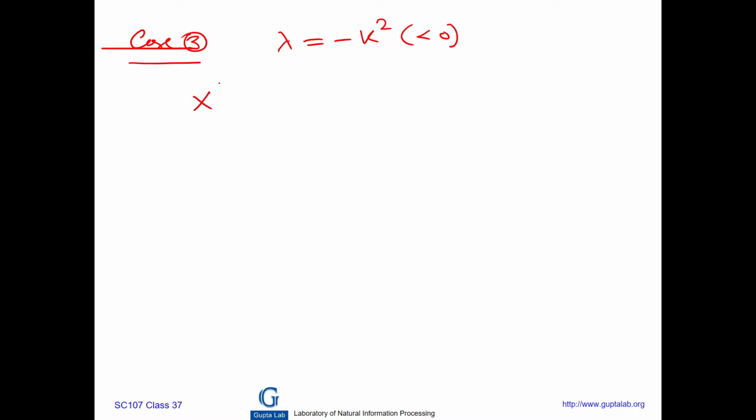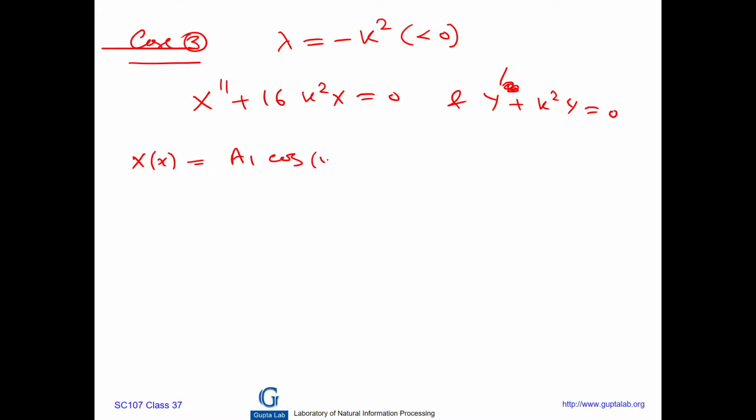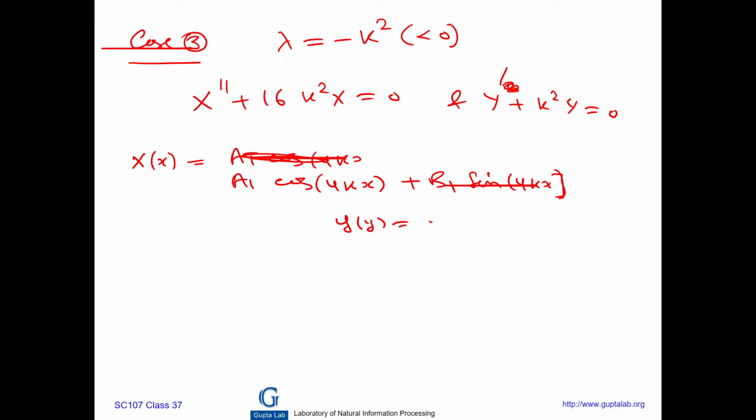In that case, the first one will give you X double prime plus 16 k square X is equal to 0, and we have Y prime plus k square Y is equal to 0. So this will give us the first equation, X of x is a1 times cos 4kx plus b1 times sin 4kx, and Y of y is equal to c1 times e raised to power minus k square y.